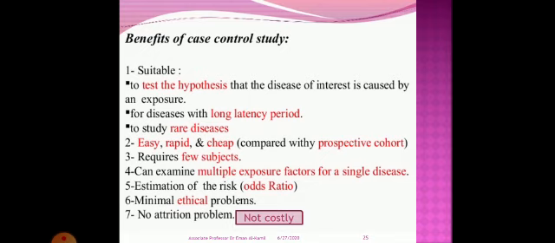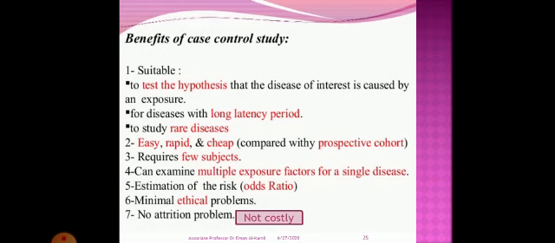So the benefits of the case control study: it is suitable to test the hypothesis that the disease of interest is caused by an exposure, for diseases with a long latency period, and it is also important for rare diseases. It is easy, rapid, and cheap compared with the prospective or cohort study, which needs a period of follow-up, and it requires few subjects.